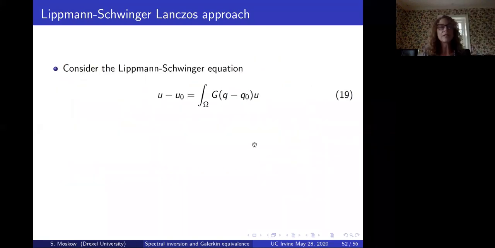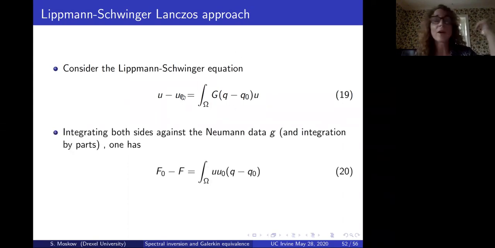So consider the Lippmann-Schwinger equation. Just take a solution U and its corresponding background solution for a Schrodinger problem. And let's assume G is the background Green's function. Then standard Lippmann-Schwinger, assuming G has the correct boundary conditions, is that U minus U0 is this integral of G multiplying the perturbation, the coefficient, in U.